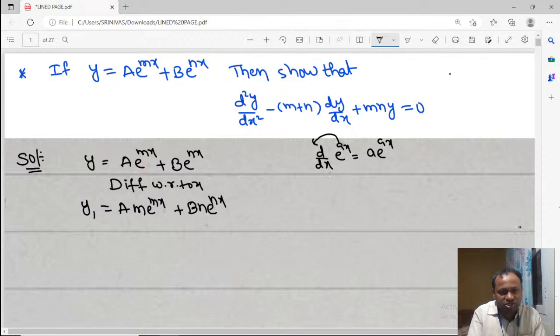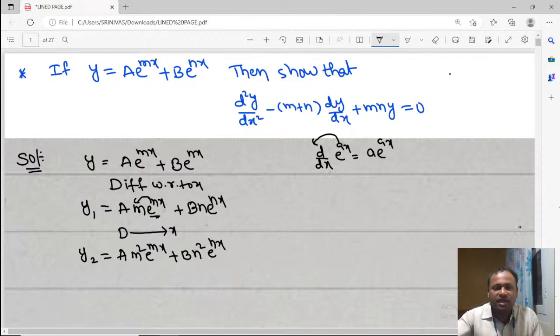This is the first differentiation. Again differentiate with respect to x. y1 differentiation is y2: a into m into m becomes m square e power mx, plus b n square e power nx. Here I got y1 as well as y2. Now I need to prove this value will be equal to 0.